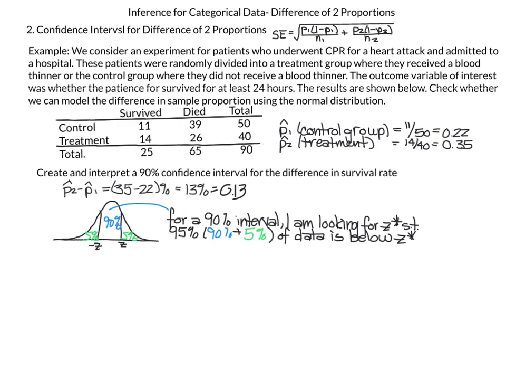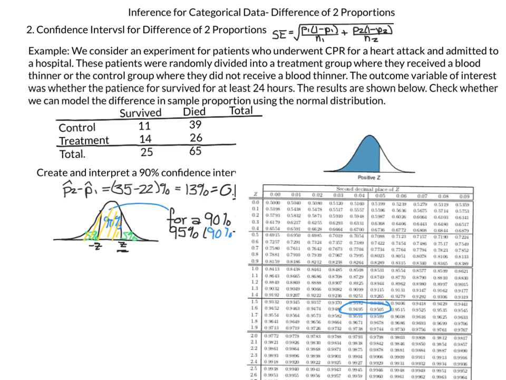So for a 90% interval, I'm looking for a z-star such that 95% of the data is below our z-star. So I'm looking for this z-star here so that I can get 95% of the data. And again, the reason why we couldn't just do the 90 is because we want everything below, which matches this picture in our table. So we want everything below. We need to add the 90 plus the 5%.